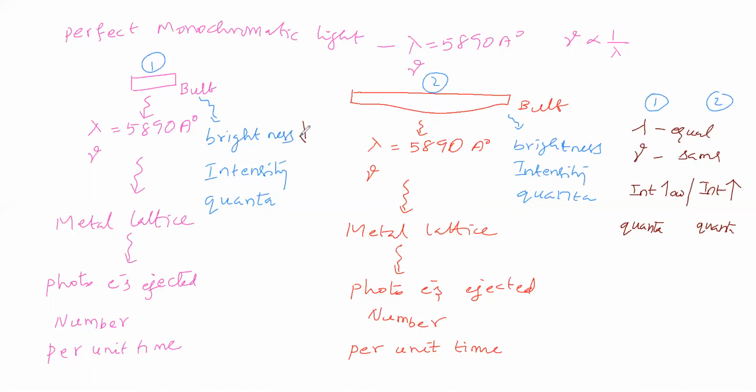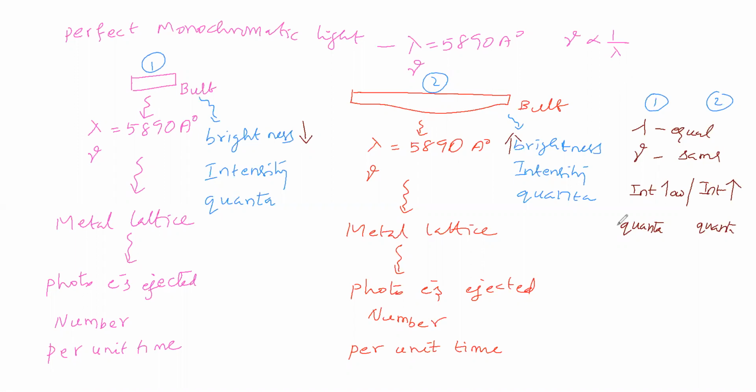Here we are saying brightness is low, here we are saying brightness is high. That's what we have seen practically: a small bulb means low brightness, a big bulb means high brightness. So compare the number of photons emitted from this bulb and from that bulb.